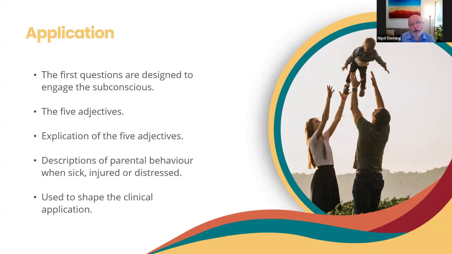So we're looking at how the memory retrieves detail of the emotional engagement, firstly with the mother, and then we do the same thing with the father, 5 adjectives, and then the explication. If there was either a mother or father missing developmentally, left, died, whatever, then we may look if there's a grandparent or someone else that's involved, that's been an attachment figure.